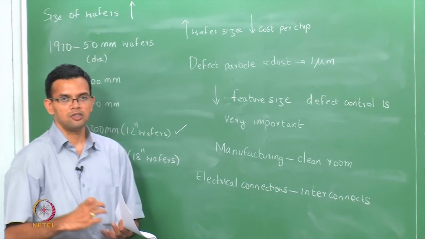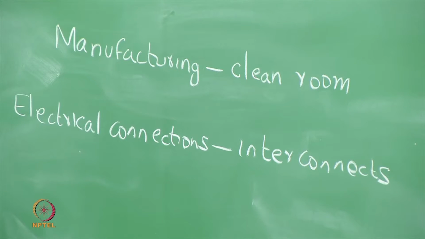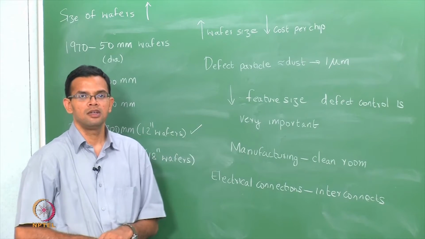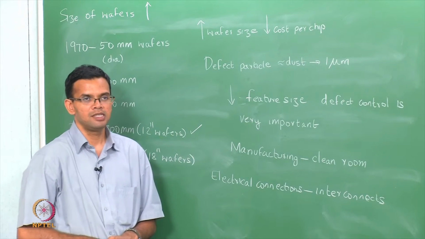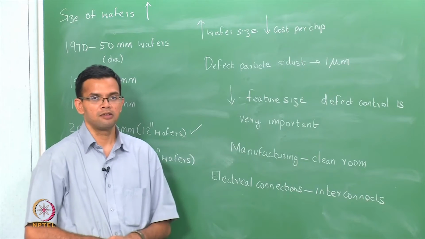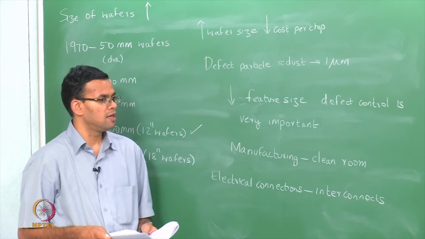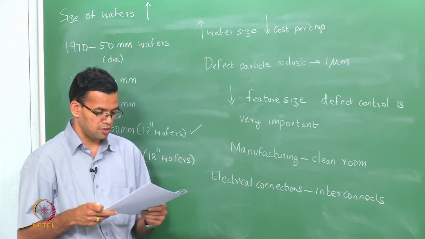As the size of the individual transistors goes down, the complexity of the interconnects increases. Usually interconnects are done in layers. Later when we look at IC device manufacturing, we will see some example of how interconnect works, but interconnect is usually done in layers, and as the size reduces, the number of layers increases.